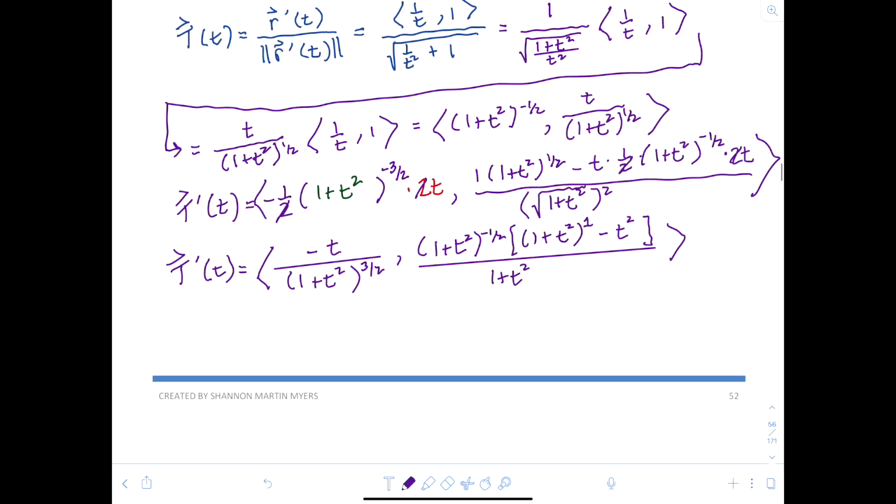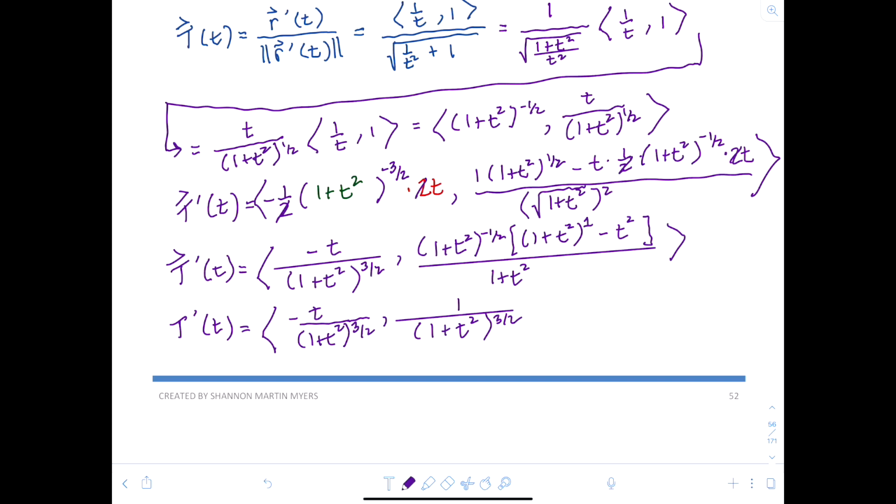All right, so we're almost done with that part. T prime of t will be negative t over (1 plus t squared) to the 3/2, comma, and that would give us 1 plus t squared minus t squared. So believe it or not, the numerator is just going to be 1. And then combining the denominators, we'll have, I believe, (1 plus t squared) to the 3/2.